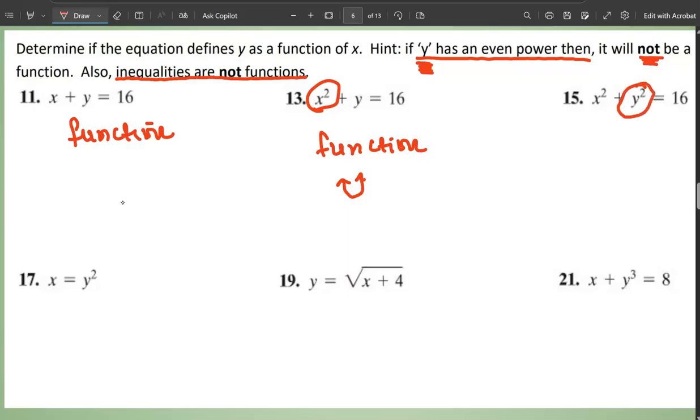Y squared, that is not a function. If we were to graph this, that's actually a circle, and you could see that if I drew the vertical line test, it would cross 2 times and it would not be a function.